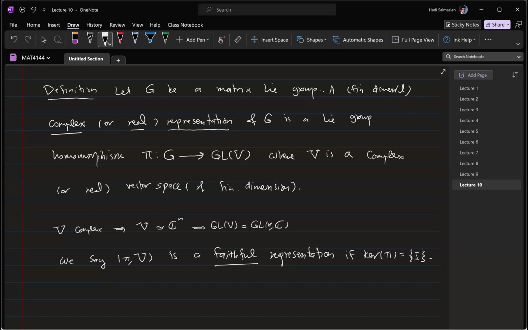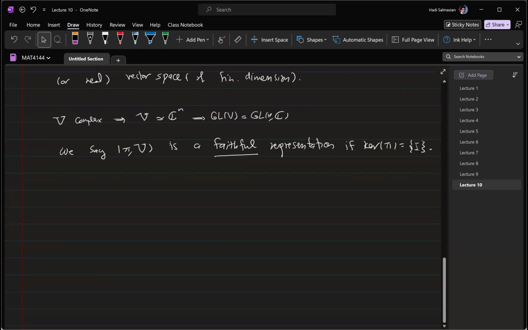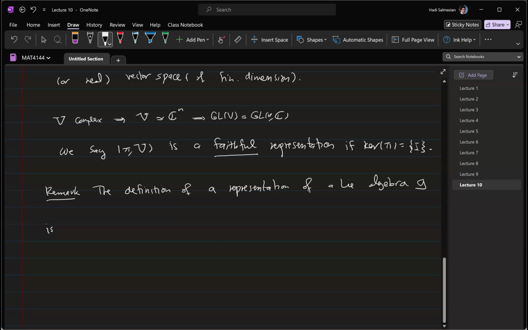Now we can also consider representations of a Lie algebra. For the Lie algebra, it's just the same. It's just that the capital GL(V) becomes lowercase gl(V). Okay. So maybe I just give a remark. The definition of a representation of a Lie algebra g is almost the same.